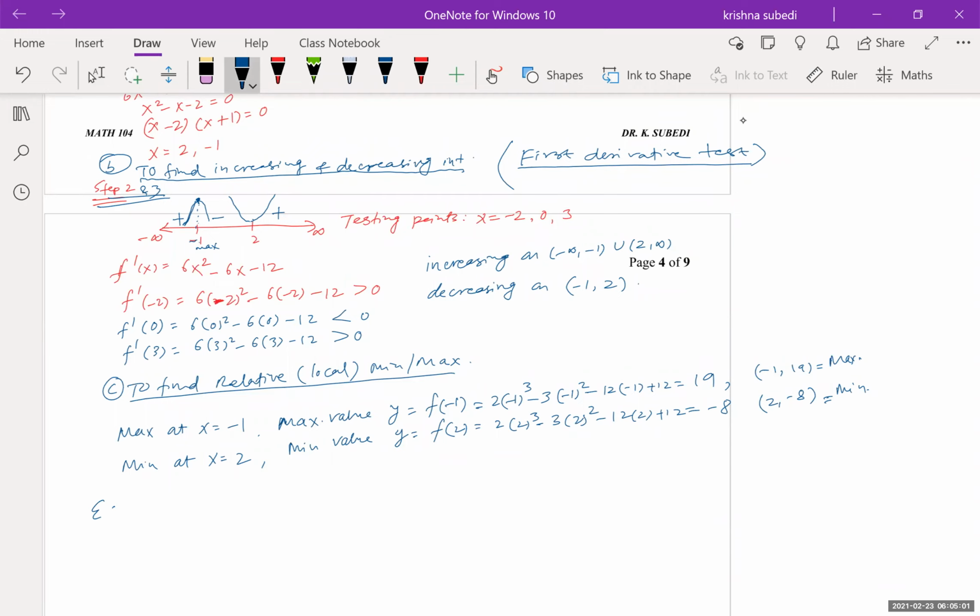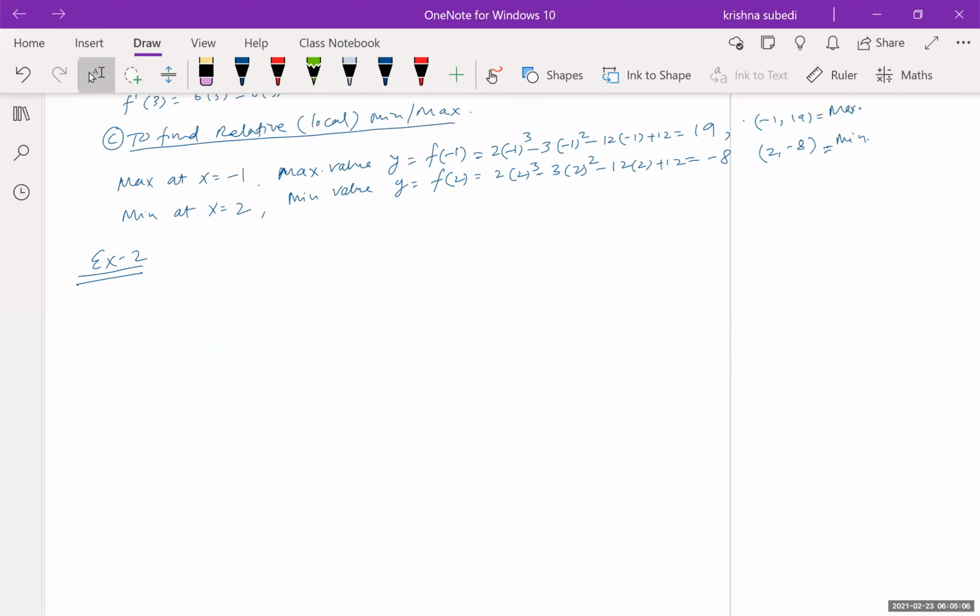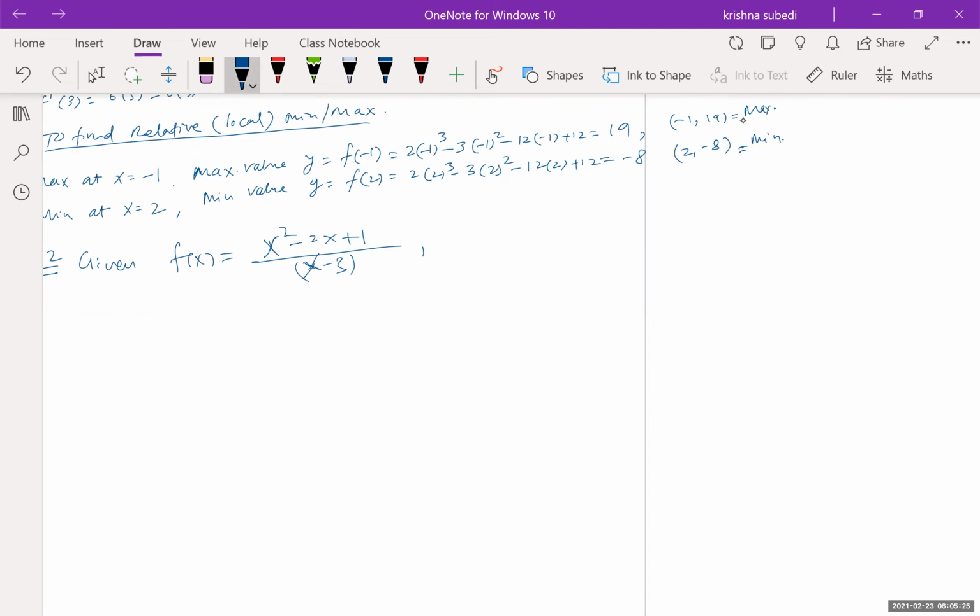So example 2, let's say. Example 2, the function is given f of x equals x squared minus 2x plus 1 over x minus 3. Now, I trust that you know how to find the derivative.